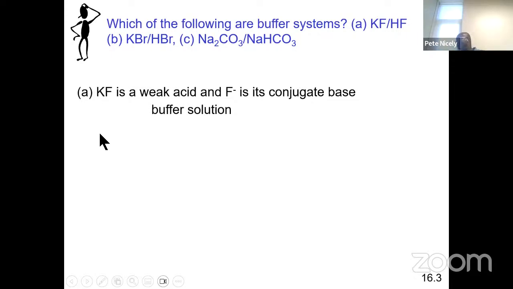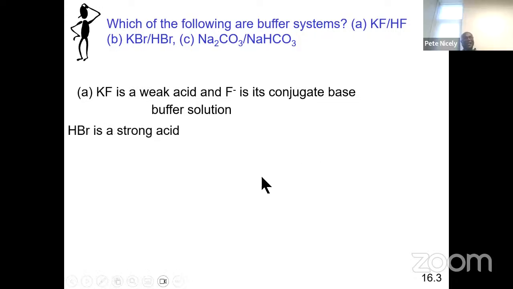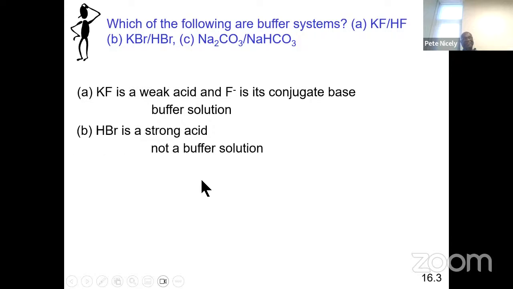Because hydrofluoric acid is a weak acid and you have the fluoride ions from the potassium fluoride, that solution will be a buffer solution. Very good. What about B? No, because it has a strong acid. Exactly. The hydrobromic acid is a strong acid, so that solution is not a buffer solution.